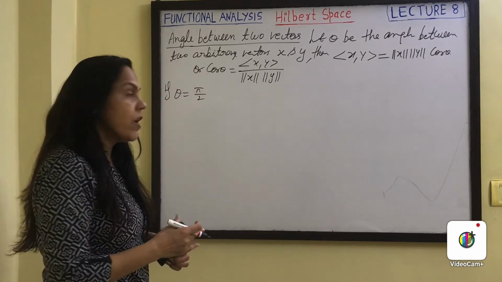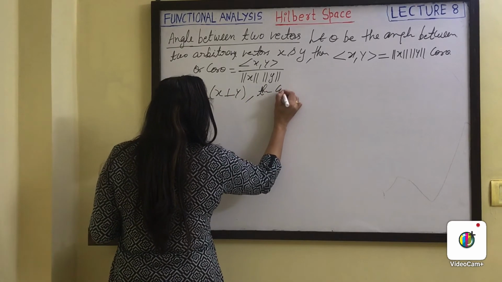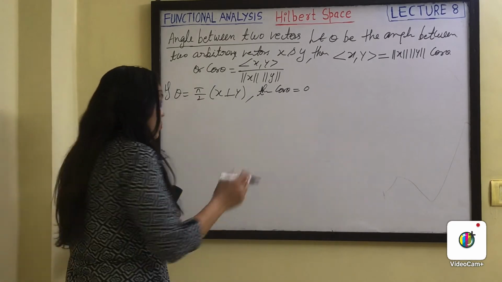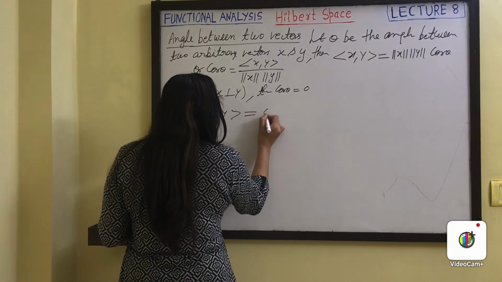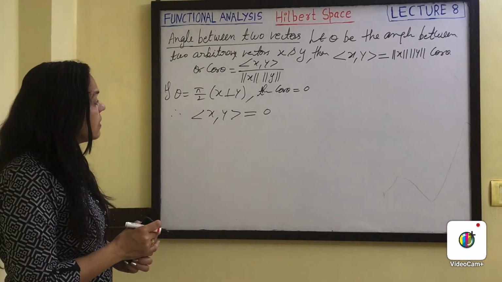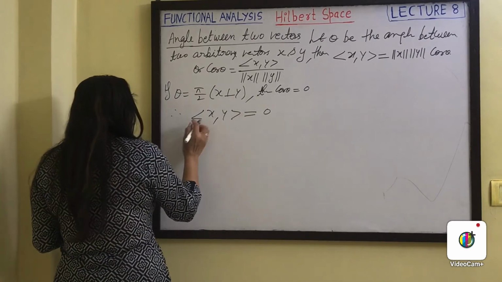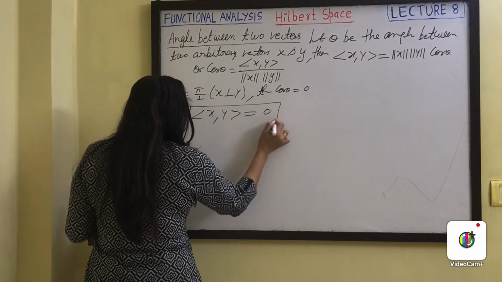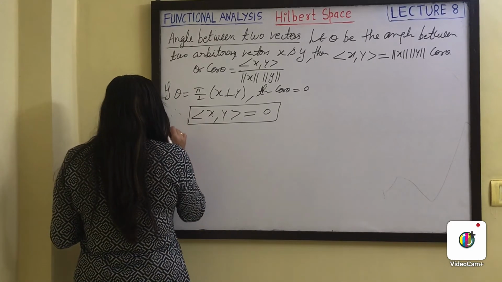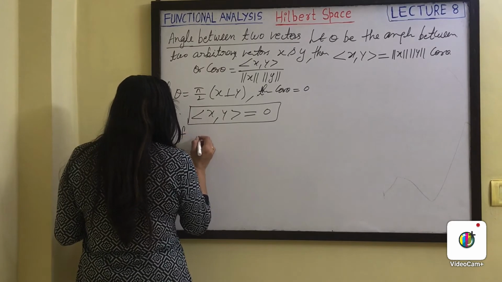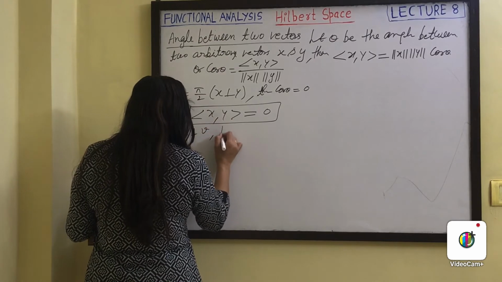x is perpendicular to y. Then obviously we have cos theta is equal to 0. So therefore, the inner product of x comma y is equal to 0. So we can say this is the condition of perpendicularity. Now, if this is the condition of perpendicularity, then we can find some results. Let u be perpendicular to v.